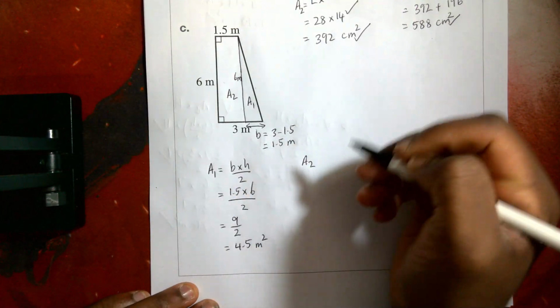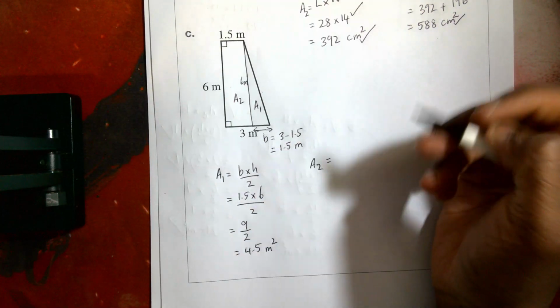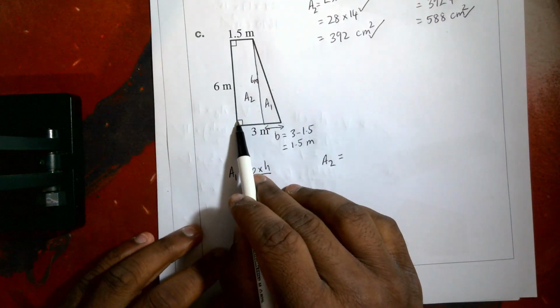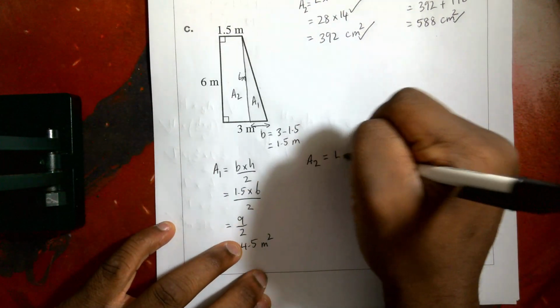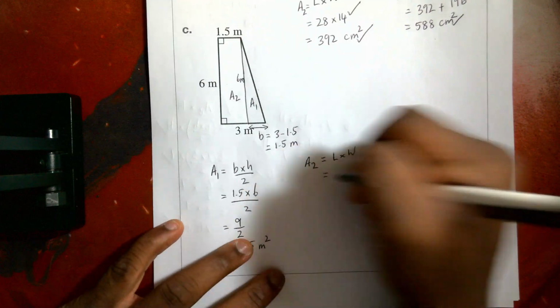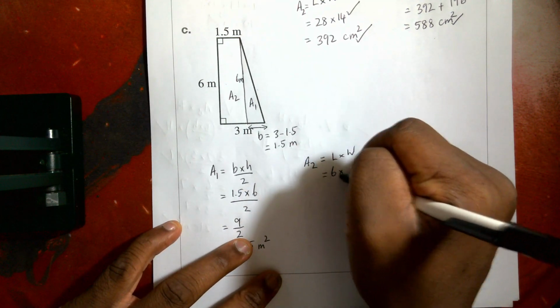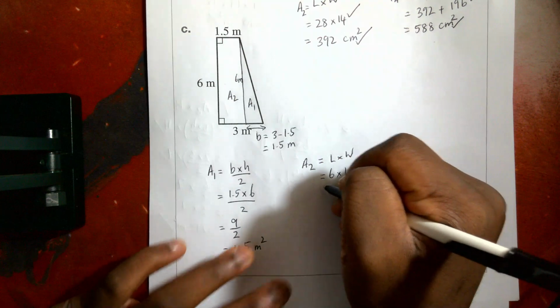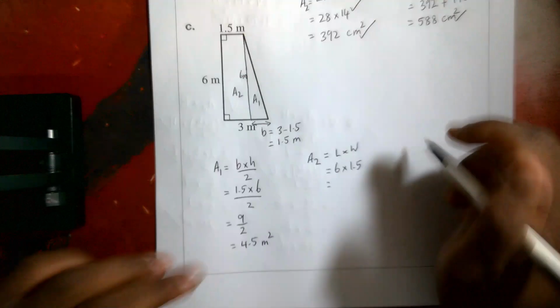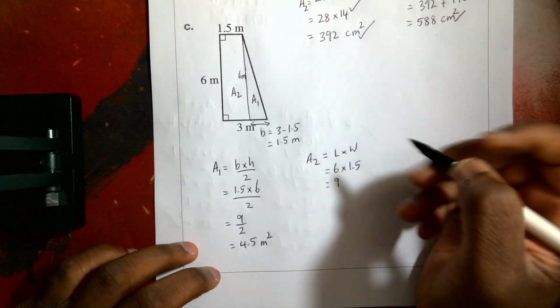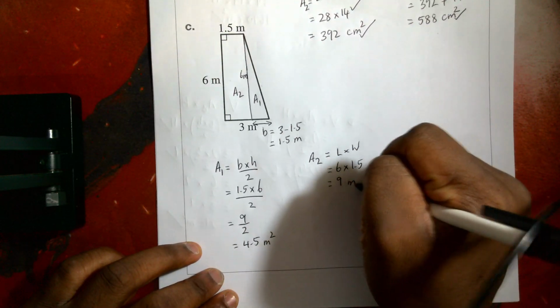Now for our rectangle, we have a length of 6, a width of 1.5. So length times width. Length is 6, width is 1.5, which gives us 9 meters squared.